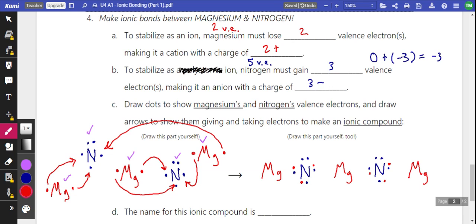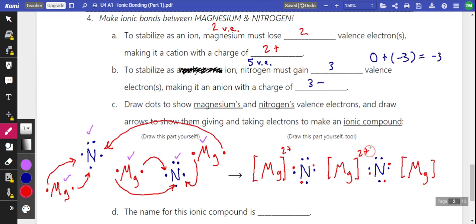This is also just a common thing you see for ions. So to show that these are stable ions, we're going to put these guys in brackets. Bracket there, bracket there, bracket here. And each of these magnesium ions, by losing their 2 valence electrons, should be left with a positive 2 charge.